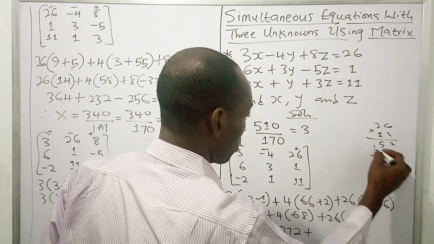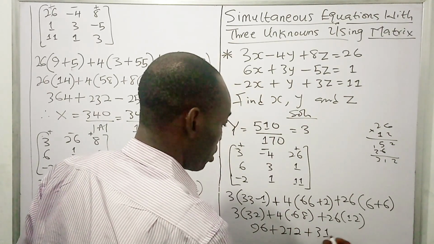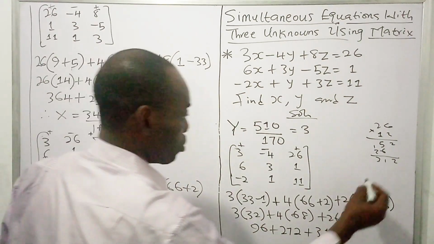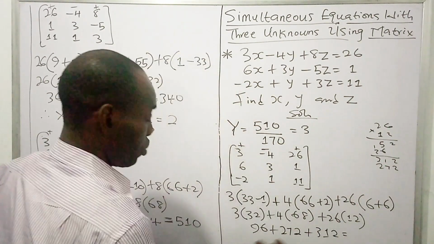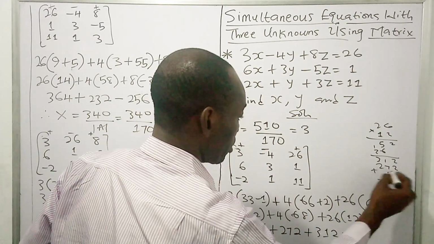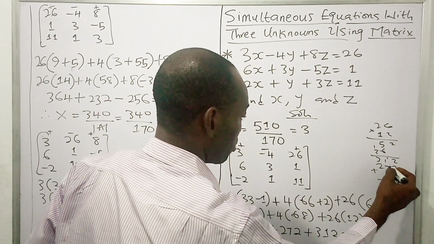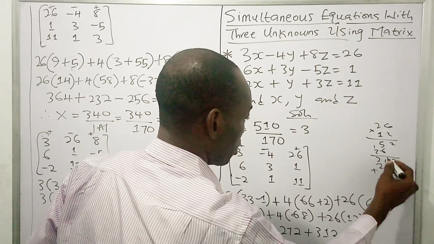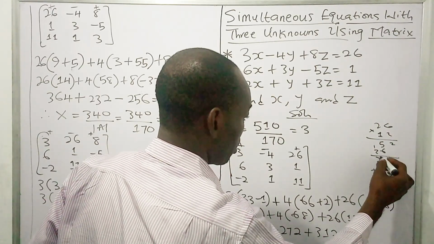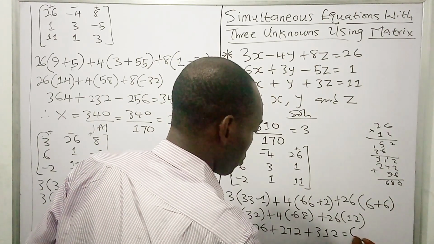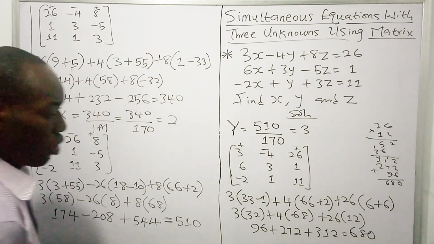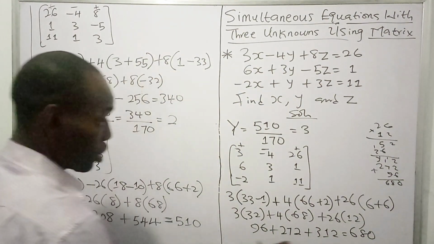So we have 272. All right, if we add this out now, 272 plus 96, we're going to have 8, carry 1, and that gives us 680. All right, so we have 680 from the addition of this.